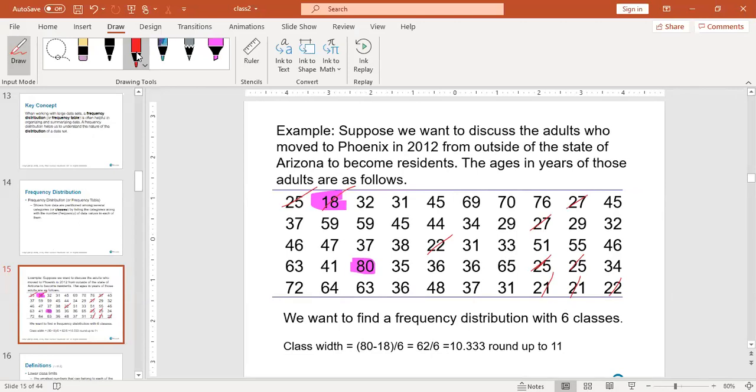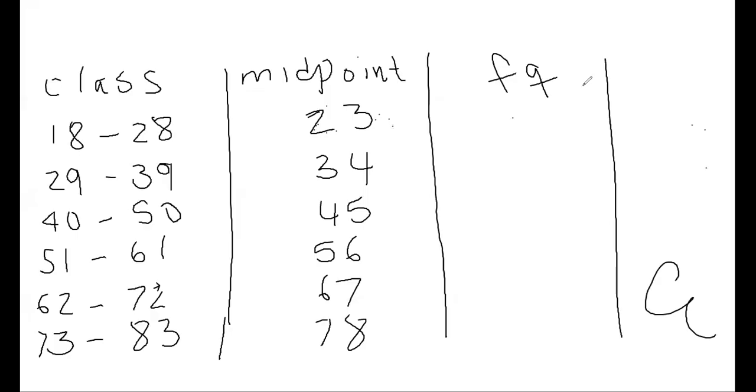You come here and look how many numbers are between 18 and 29, the first interval. Let's go to the whiteboard again. Then here we are going to write 10. And the same for the other classes. We count how many numbers are between 29 and 39, etc.